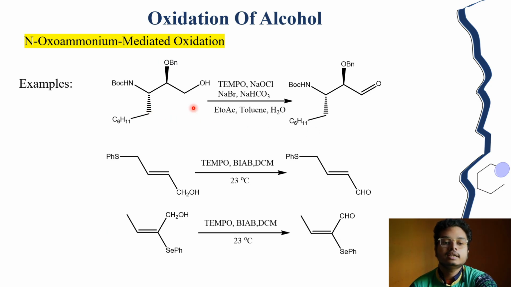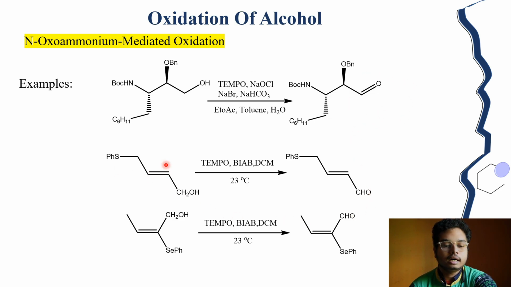Here we will discuss some examples. In this particular structure we can find the OH, the primary alcohol. Here TEMPO is used and the oxidant is NaOCl, so it will convert it to the corresponding aldehyde.